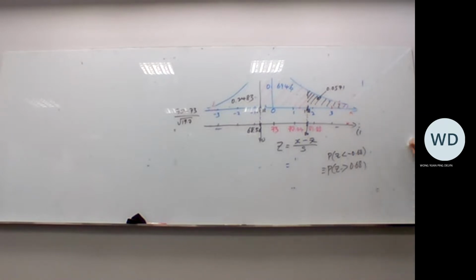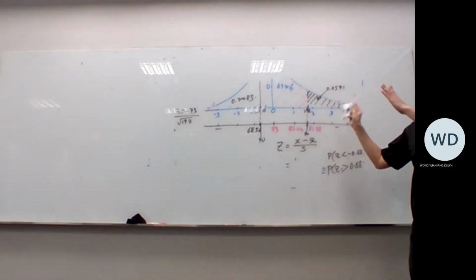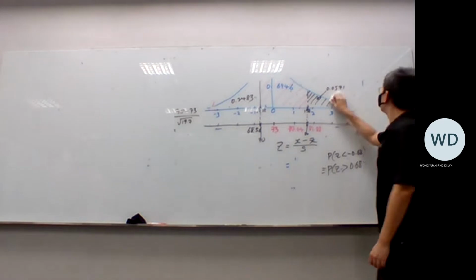What I'm trying to say is, for probability, if you do not know which part of the curve you are looking at, draw it out and see. Otherwise, you will probably get the wrong answer.